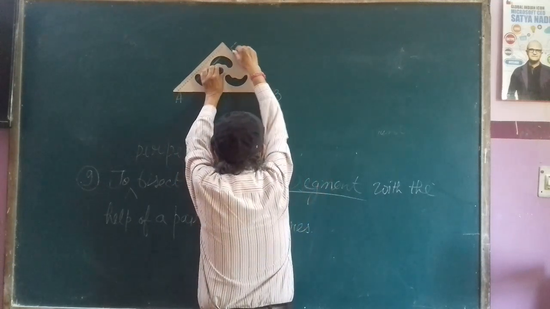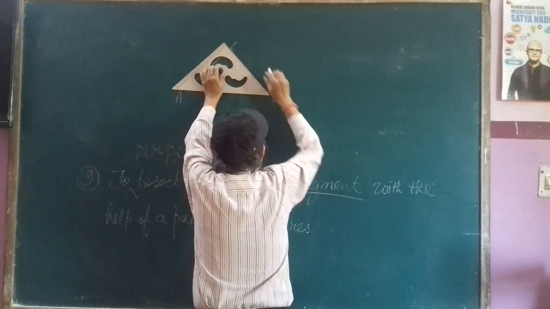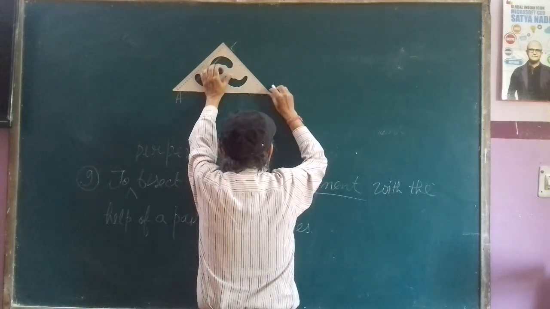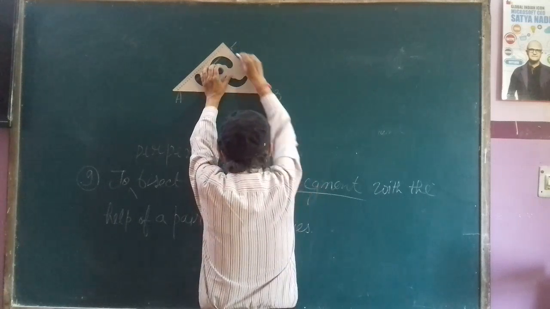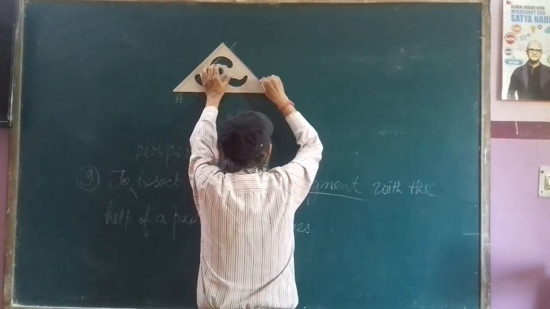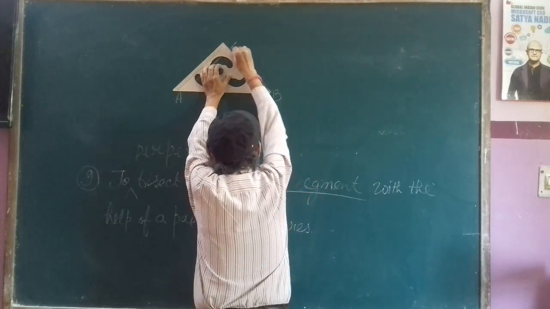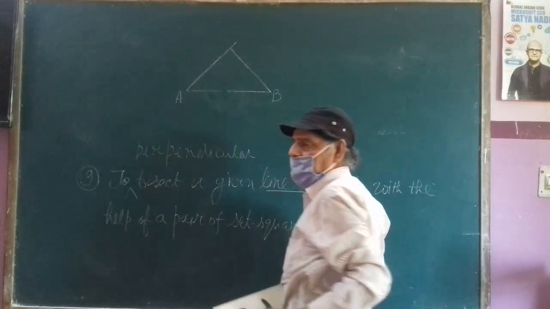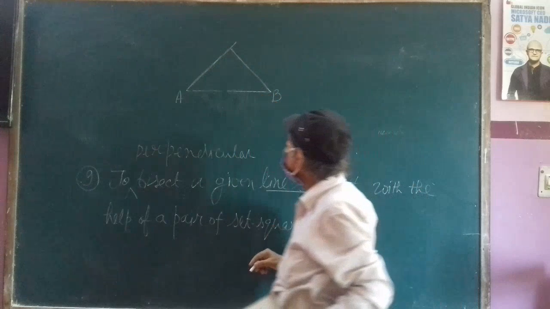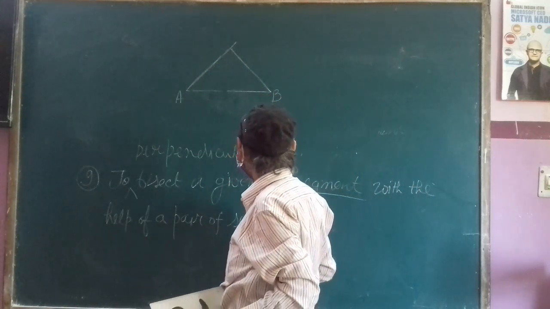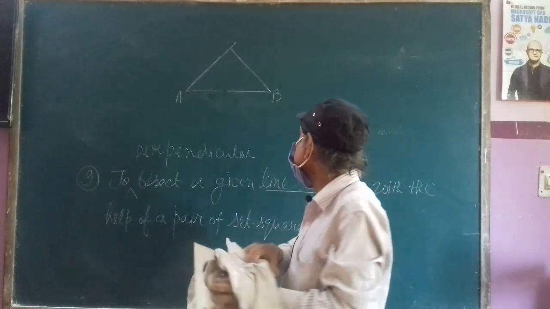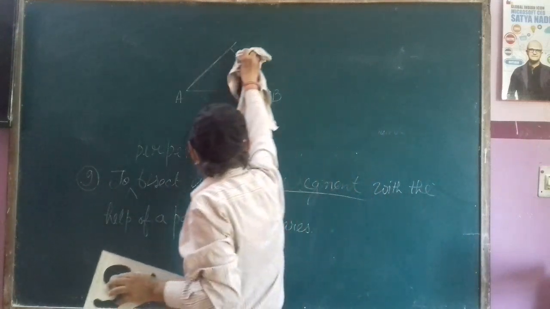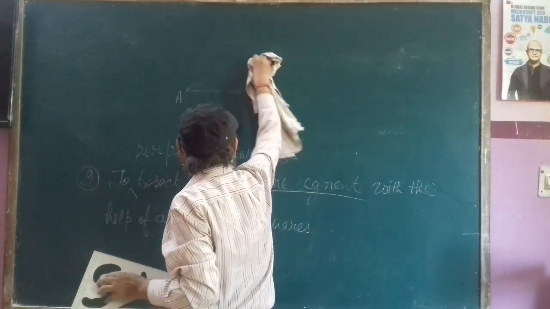You put it tightly with your left hand, and draw this one. It should not disturb. Okay. In this way, I don't think it is correct. I am wiping it out.